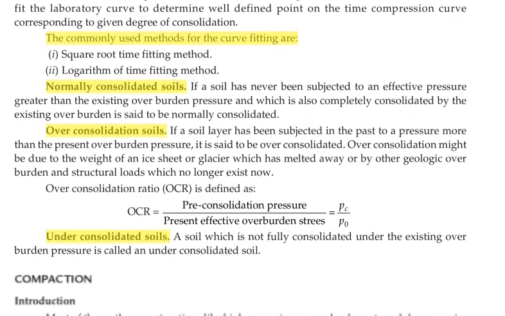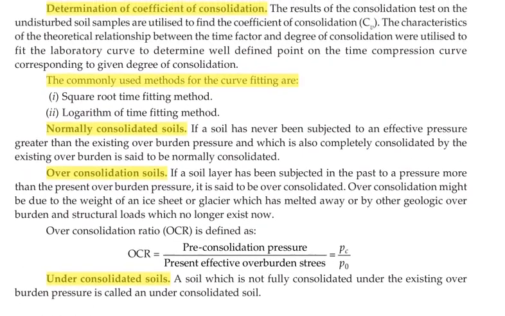The over consolidation ratio OCR is defined as the ratio of pre-consolidation pressure to present effective overburden pressure. The formula for OCR is equal to pre-consolidation pressure Pc divided by present effective overburden stress p naught.